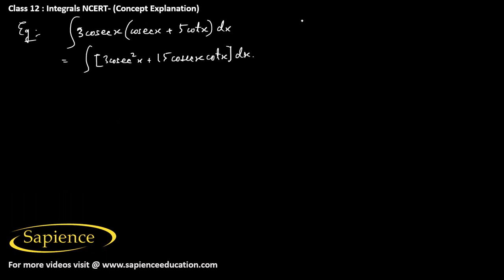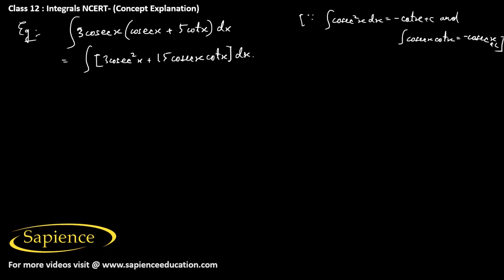Now here we have to use the rule that since we know that integral cosec square x dx is equal to minus cot x, and the integral cosec x cot x is equal to minus cosec x, plus c is there obviously.